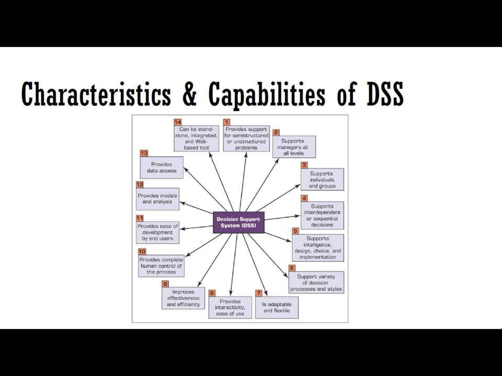Characteristics and capabilities of the decision support system: 1, provide support for semi-structured or unstructured data. 2, supports managers at all levels. 3, supports individuals and groups. 4, supports interdependent or sequential decisions. 5, supports intelligence, design, choice, and implementation. 6, supports a variety of decision processes and styles. 7, adaptable and flexible. 8, provides interactive ease of use. 9, improves effectiveness and efficiency. 10, provides complete human control of the process. 11, provides ease of development by the end user. 12, provides models and analysis. 13, provides data access.